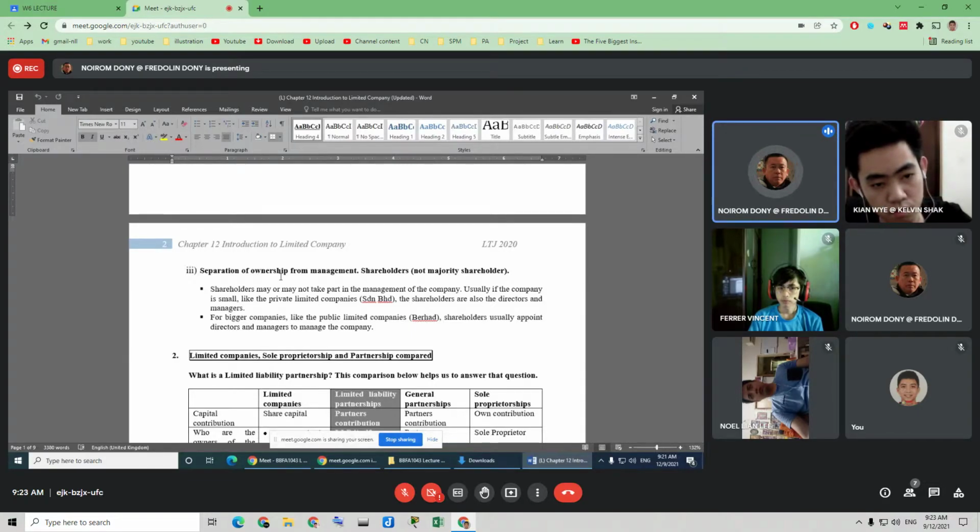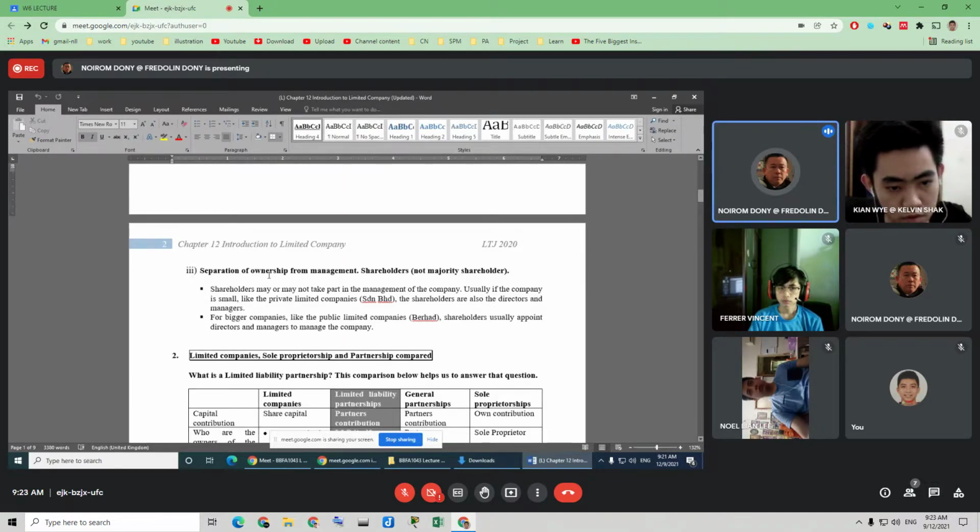So the majority shareholders, even though they are holding maybe 100% of the shareholding of the company, they cannot participate in the management. Because this is the characteristic of separation, meaning the owner cannot participate in the management.